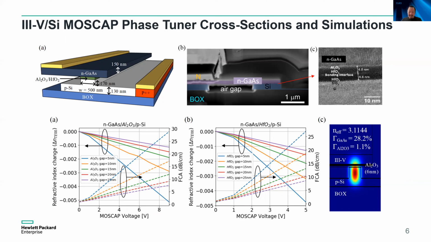To put these values into a VπL figure of merit, if we assume a length of 500 microns, an aluminum oxide thickness of 5 nanometers will have a static VπL of 0.13 volt centimeter. For a higher-k dielectric such as hafnium dioxide, a thickness of 5 nanometers will have a static VπL of 0.09 volt centimeter.